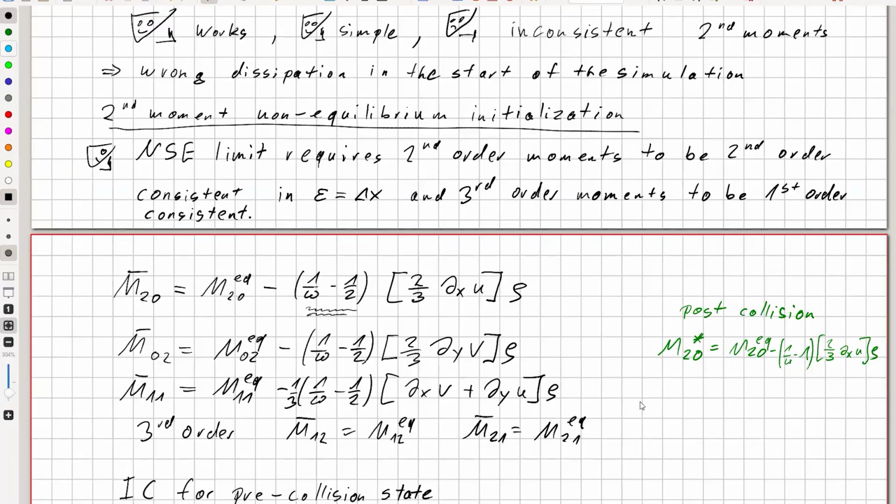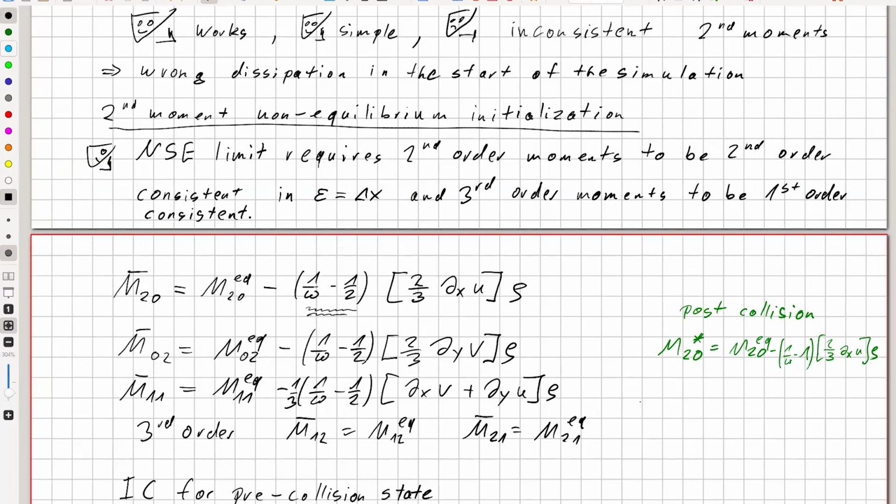What is the difference between the bar terms and without bar? Like M20 bar and M20. You remember that we introduced the same for the F's, right?